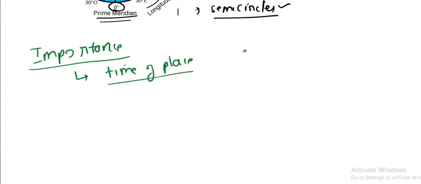Basically, as we discussed, the 0 degree or the prime meridian divides the earth into equal halves, the eastern hemisphere and western hemisphere.